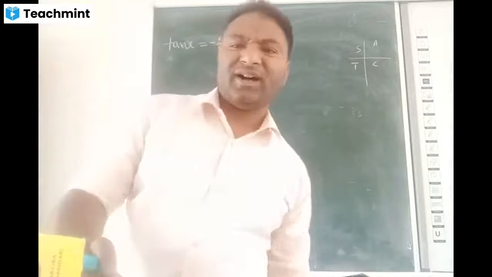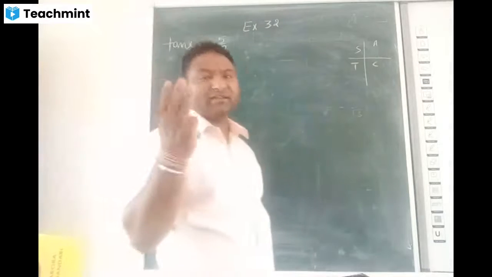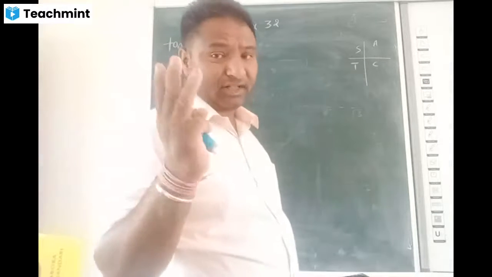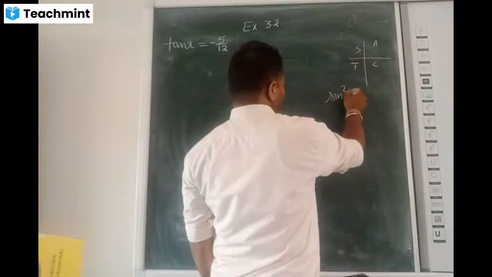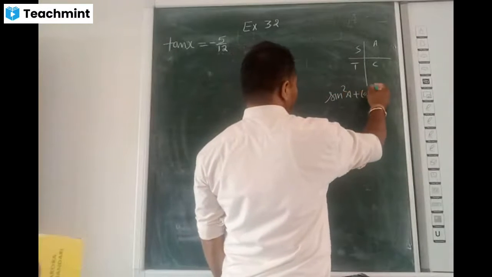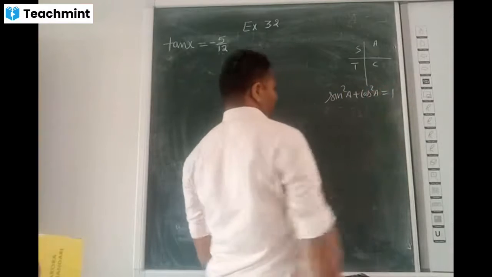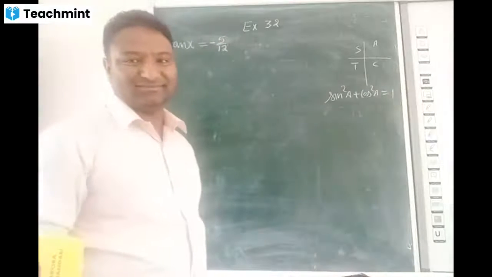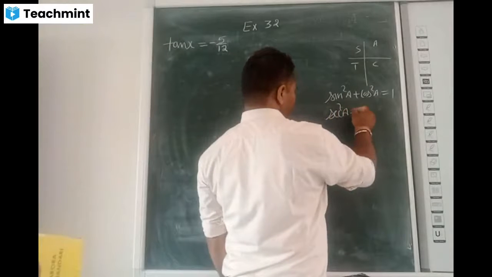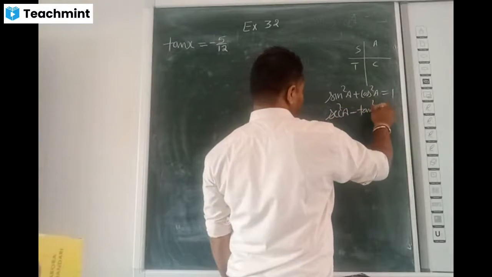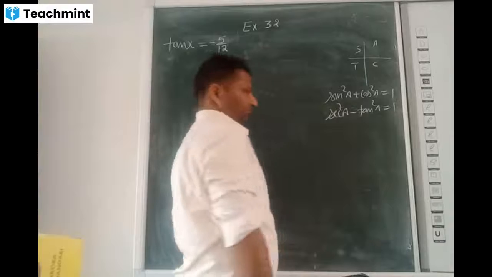Right? And now see, we have the three main formulas. First is sin square a plus cos square a is equal to 1. Second is secant square a minus tangent square a is equal to 1.